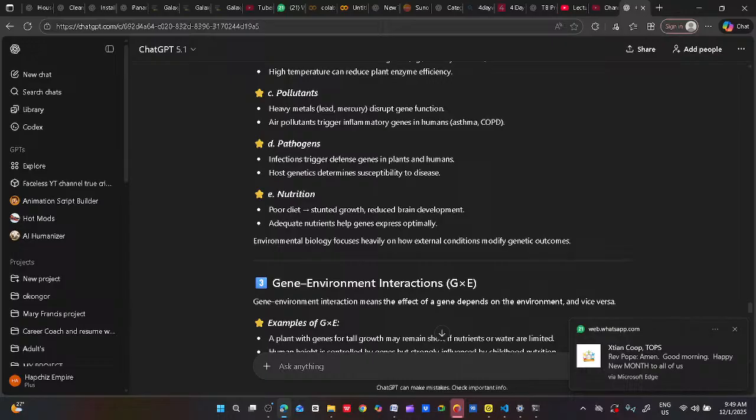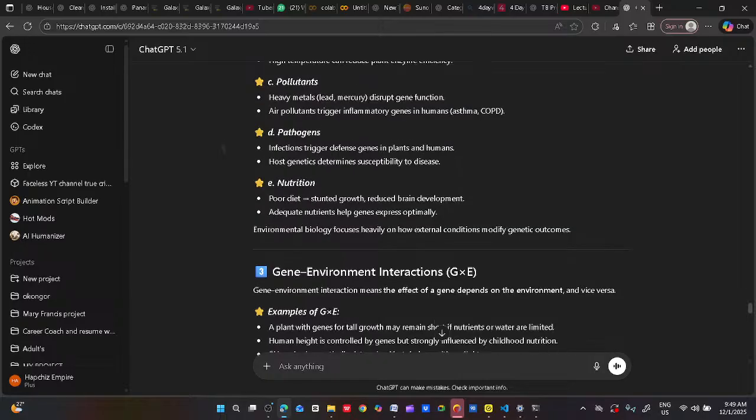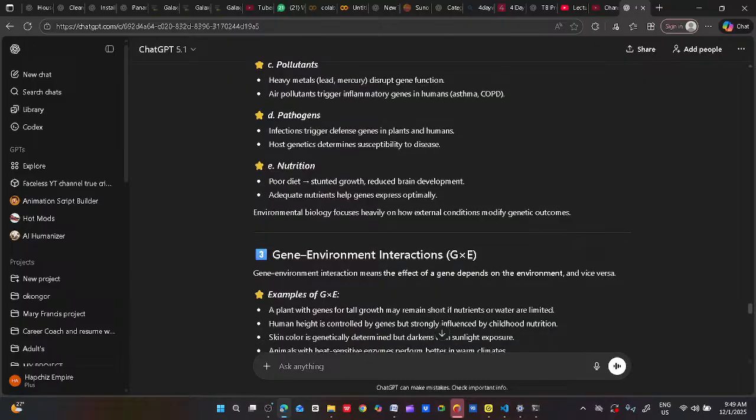Then another condition is pathogen. What are pathogens? Anywhere you come across patho, that is disease causing. So pathogens are disease causing microorganisms. Okay. So infection triggers defense genes in plants and animals.